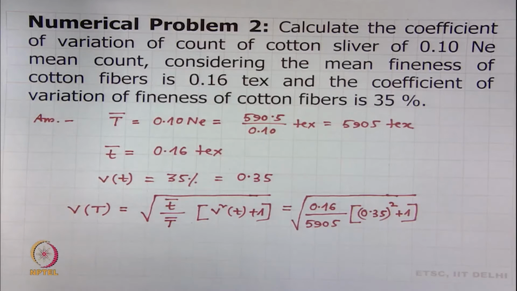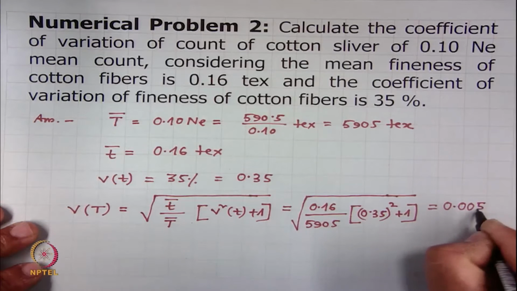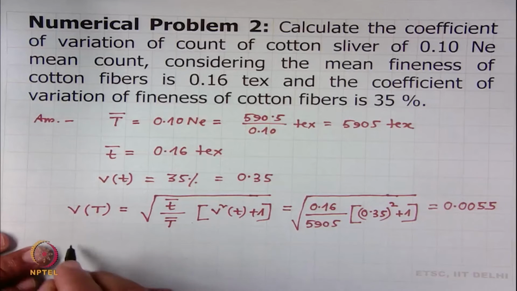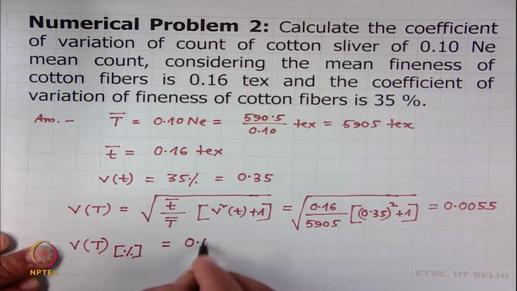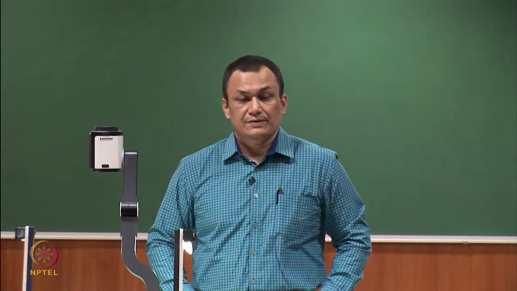So, this will lead to a dimensionless value. If you wish to express it in terms of percentage, it is 0.55. So, this is the required answer. The coefficient of variation of count of sliver is 0.55 percentage.